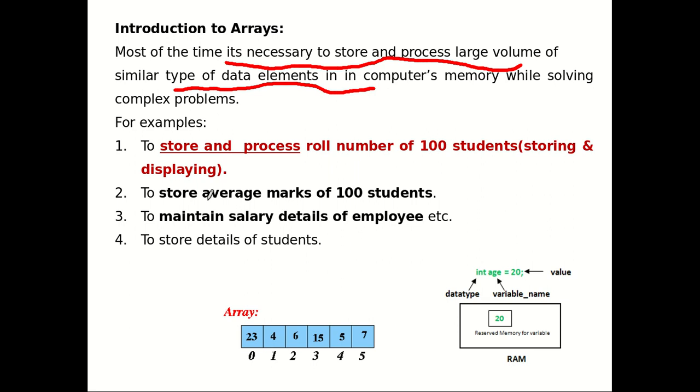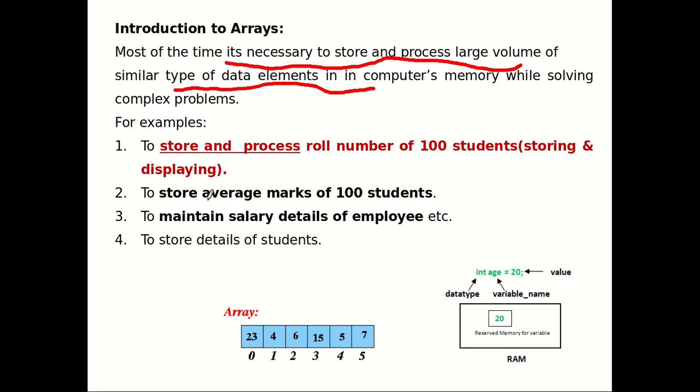And the last one is to store the details of the student, such as roll number, university seat number, name of the student, course opted, and final marks of each and every student. So this can be handled very easily by using the concept of the array.